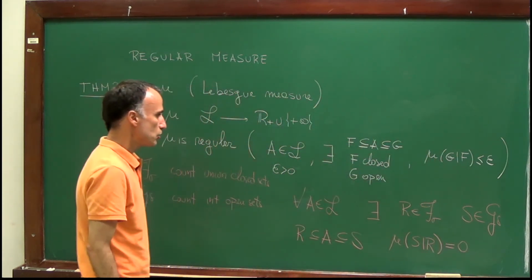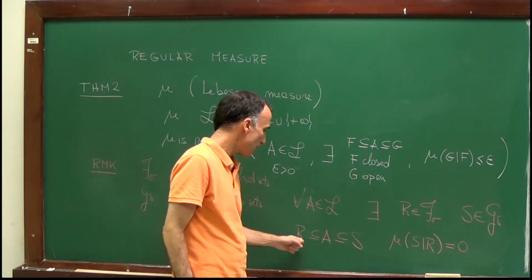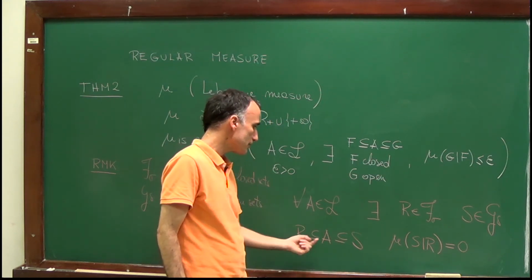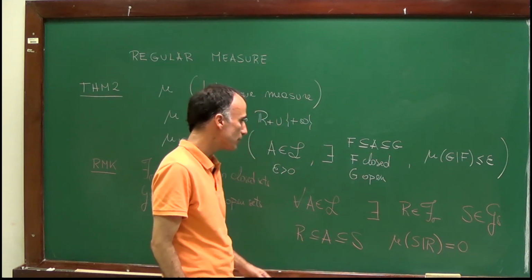Right. So we can approximate any set which is Lebesgue measurable by F sigma sets and G delta sets: G delta which contains, and F sigma which is contained.